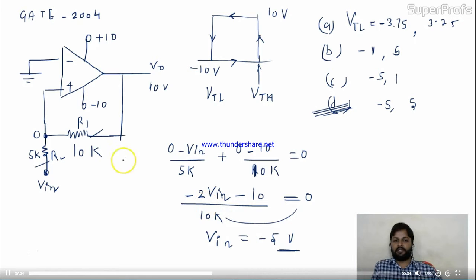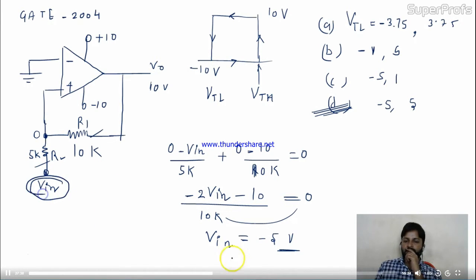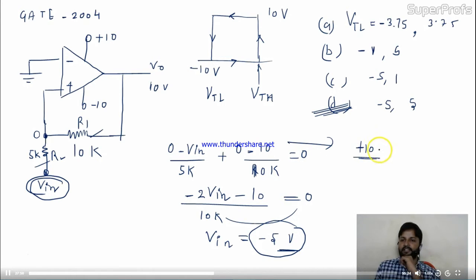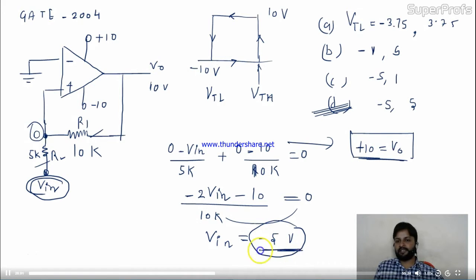Now tell me one thing. If your Vin is greater than this minus 5, you consider plus saturation, right? You considered initially your V naught is plus saturation. V naught is plus saturation in this case. We assumed over here 0, means your Vin should be minus 5.